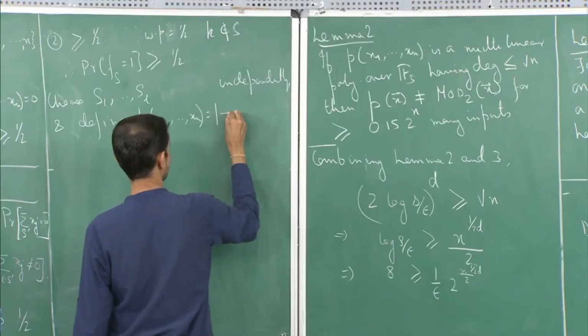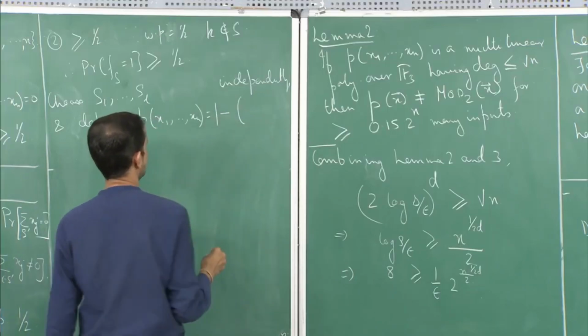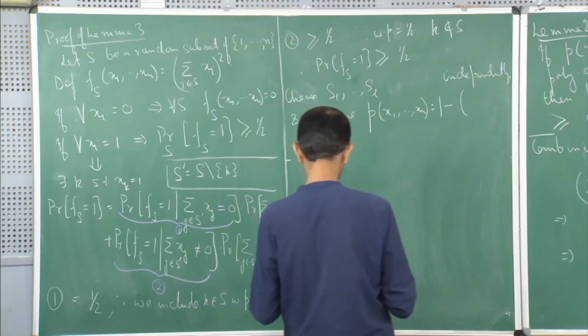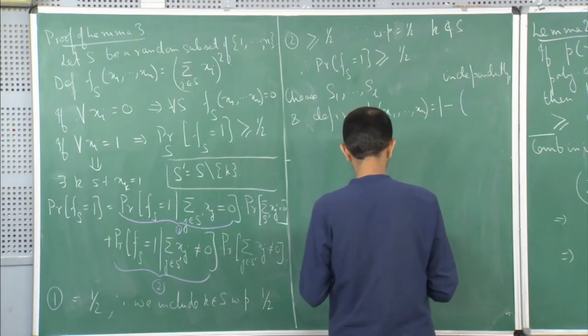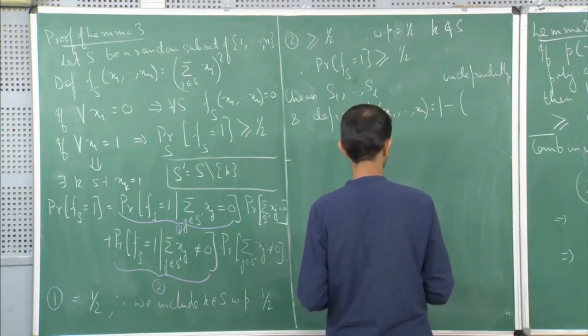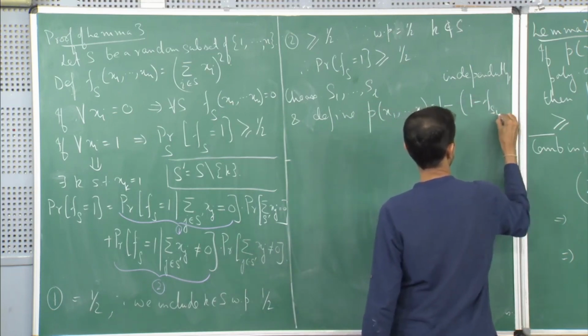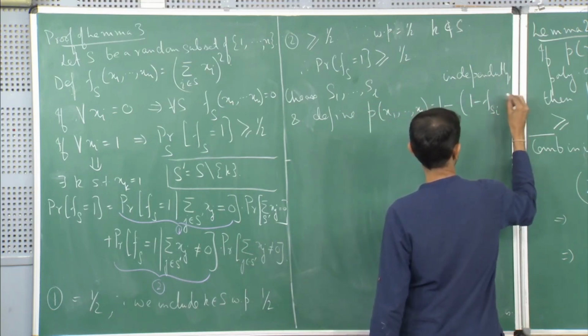So, 1 minus, I want this, 1 minus f of S_i.